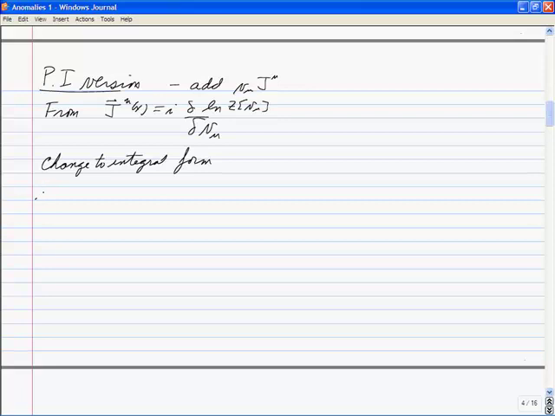If I take log z of v mu plus some delta v, minus log z of v mu, that's equal to minus I times the integral d4x j bar mu of x delta v mu.